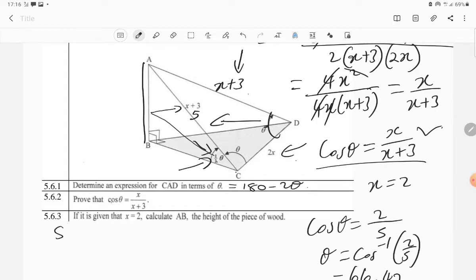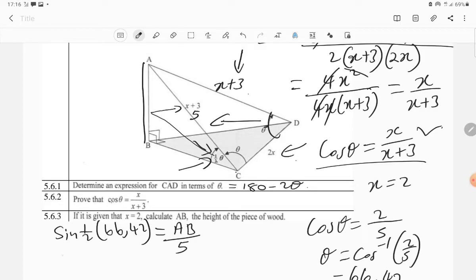So we have sine of half of our theta, and our theta is 66.42. This is equal to our AB, which is what we are looking for, divided by our hypotenuse, and our hypotenuse when x is equal to 2 is 5.